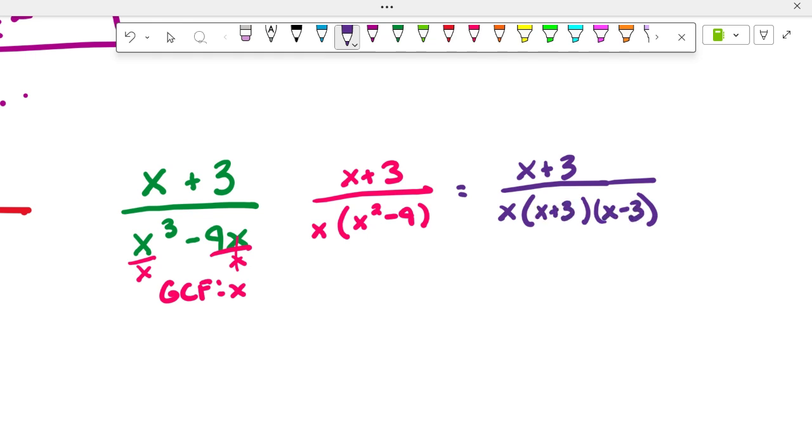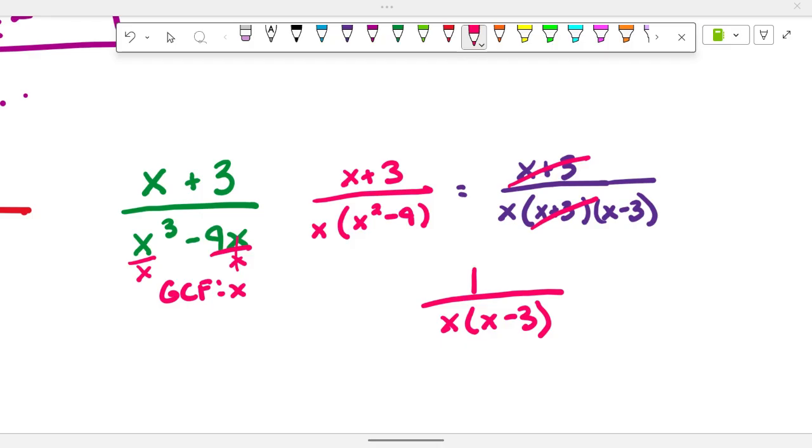Good. Can I cross anything out now? The x plus 3's go bye-bye. What did I say you put on top if the factors on top cancel out? A 1. So this would be 1 over x times x minus 3.